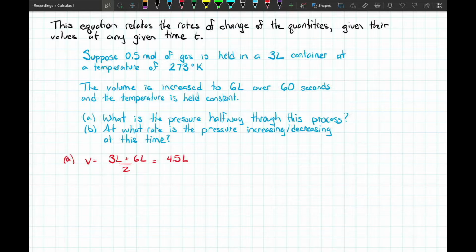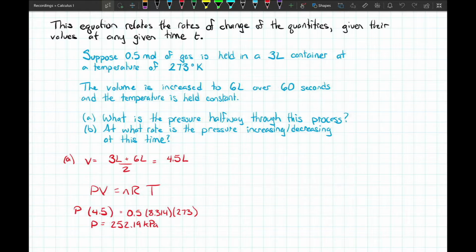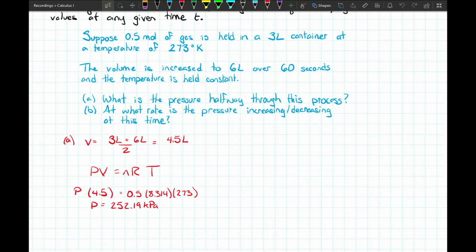If we just want to find the pressure, we know the volume, the temperature, and how many moles of gas, so we can plug into the original equation, PV equals nRT, where we know V, n, R, and T. Plugging those numbers in, we find that the current pressure is 252.19 kilopascals. It's best to express this answer in the form of a short sentence.